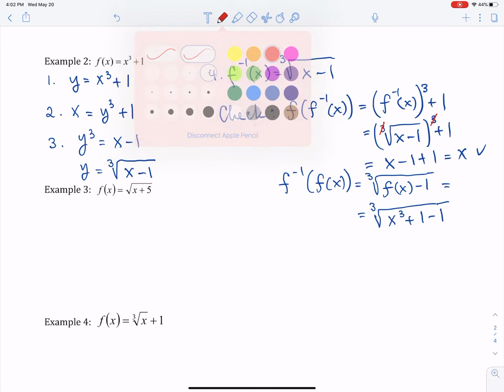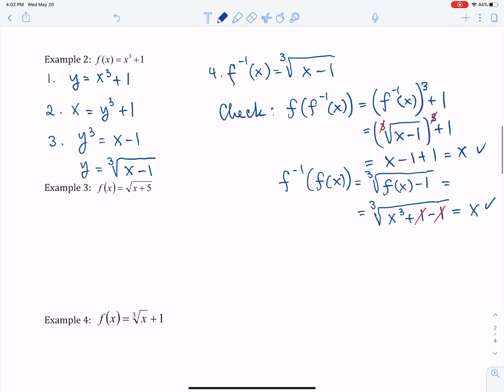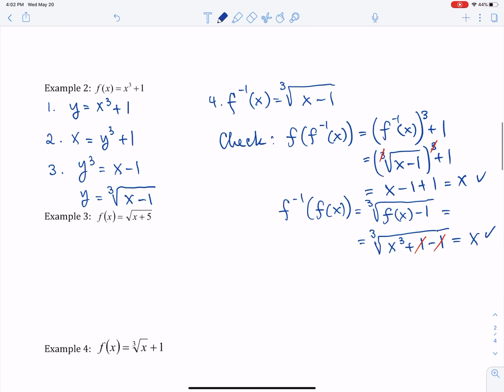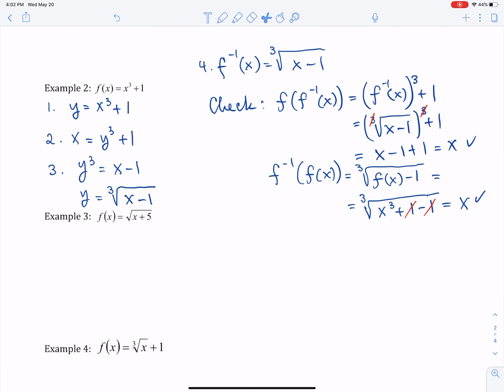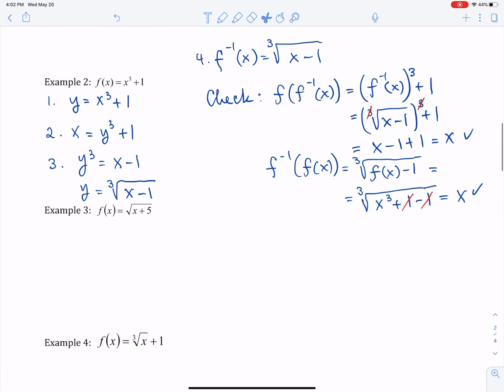Those 1 and negative 1 cancel out, and cubed root of x to the cubed is equal to x, so it checks again. Now I'm going to stop checking because I know I worked correctly, but I would please ask you to check when working at home.